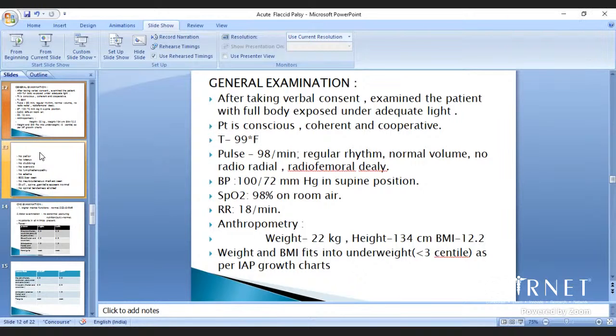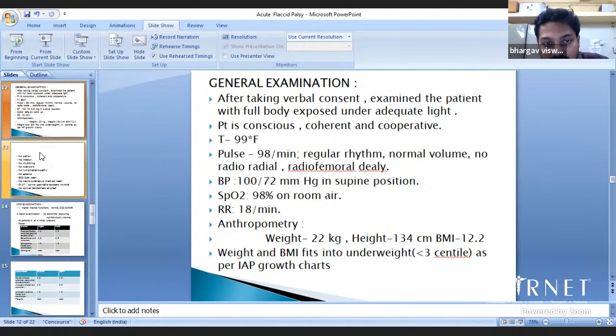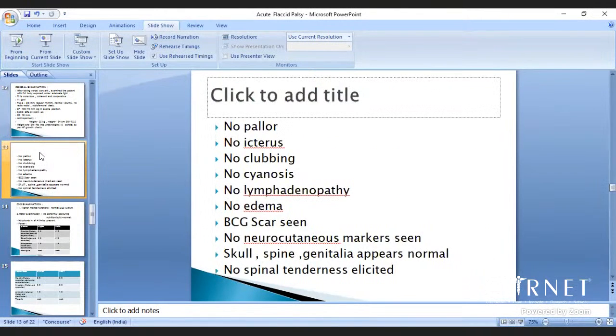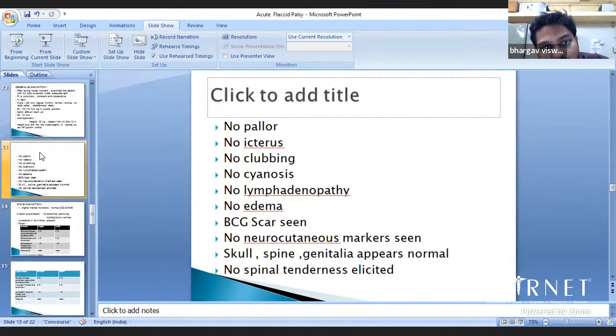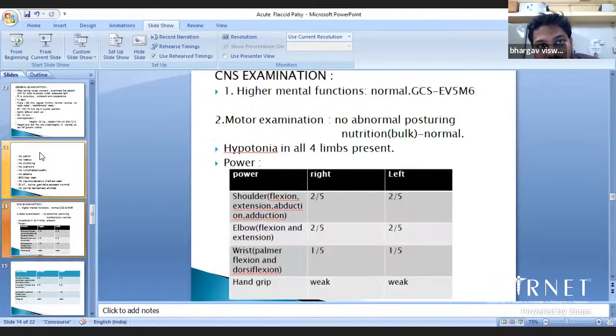Coming to the anthropometry, my patient fits into less than the third centile, underweight according to IAP growth charts. Coming to the other points in general examination, there is no cyanosis, lymphadenopathy, and no neurocutaneous markers are seen, and the patient's skull, spine, and genitalia appear normal. No spinal tenderness elicited.